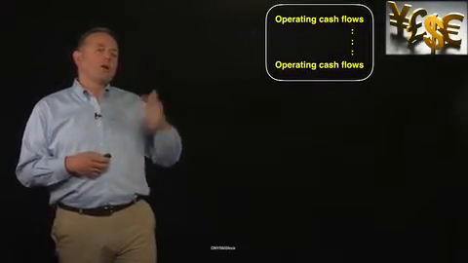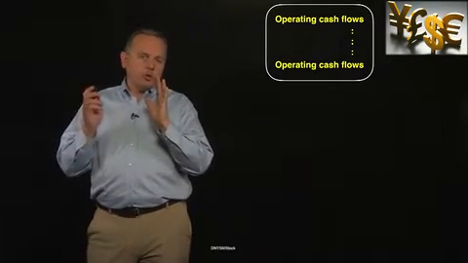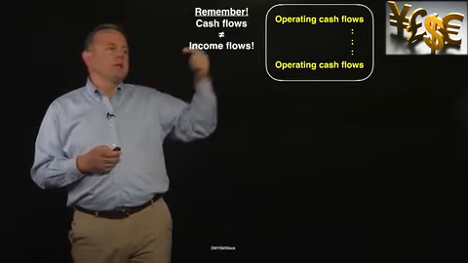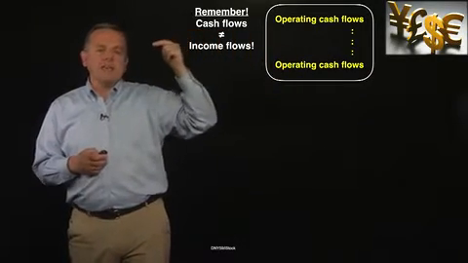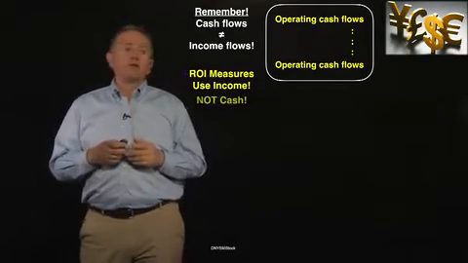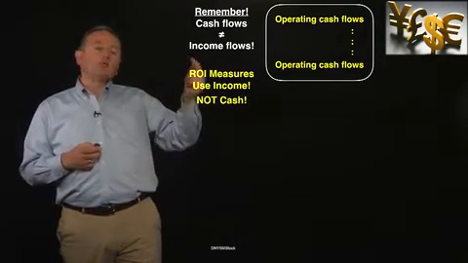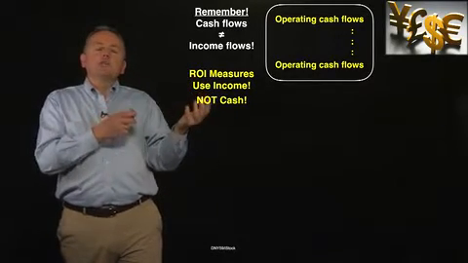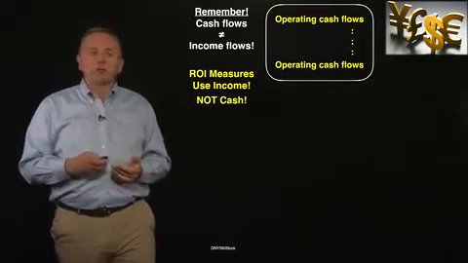Now, while I'm on operating cash flows, I want to do one more topic with you here in this lesson. And that is distinguishing between operating cash flows and income flows. They're not the same thing, as you remember that we talked about at the outset of this lesson. And this is about return on investment. ROI measures are using income flows, not cash flows there.